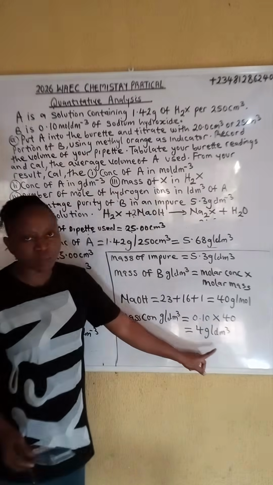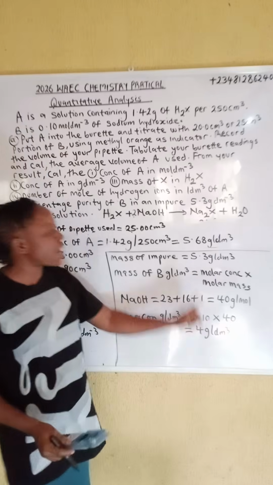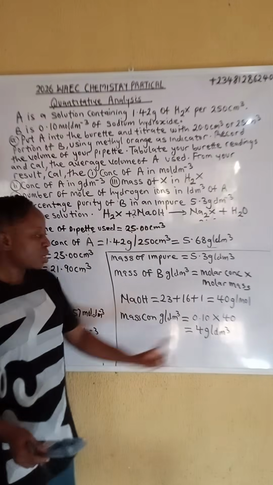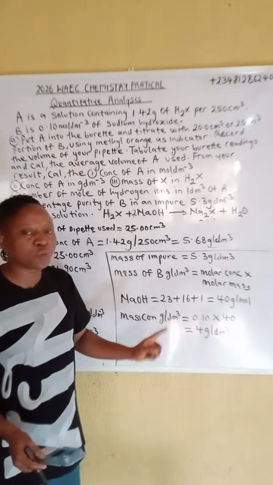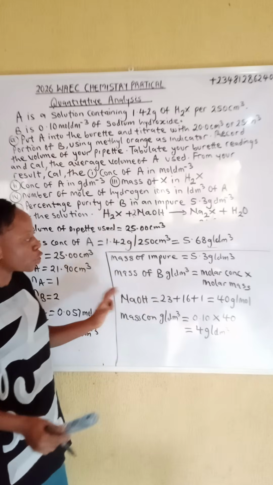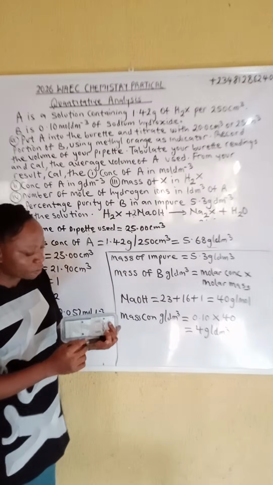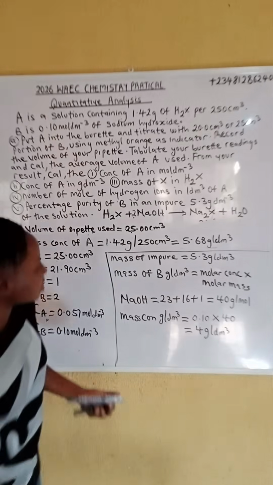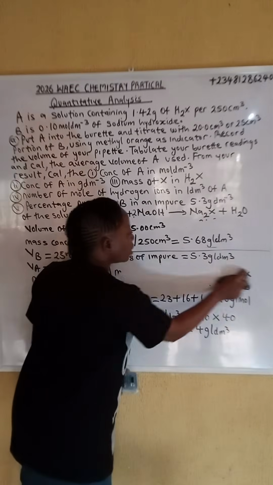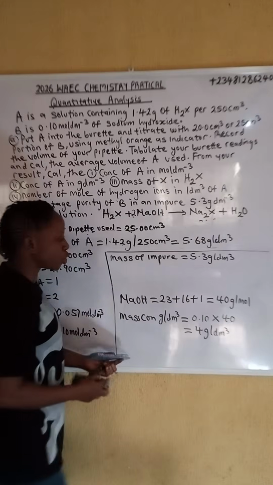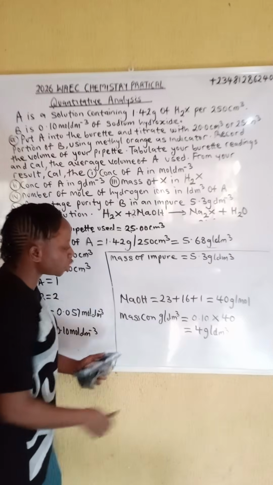So this 4 grams per dm cube is the mass of pure. I'm going to need the mass of pure to calculate the percentage purity.